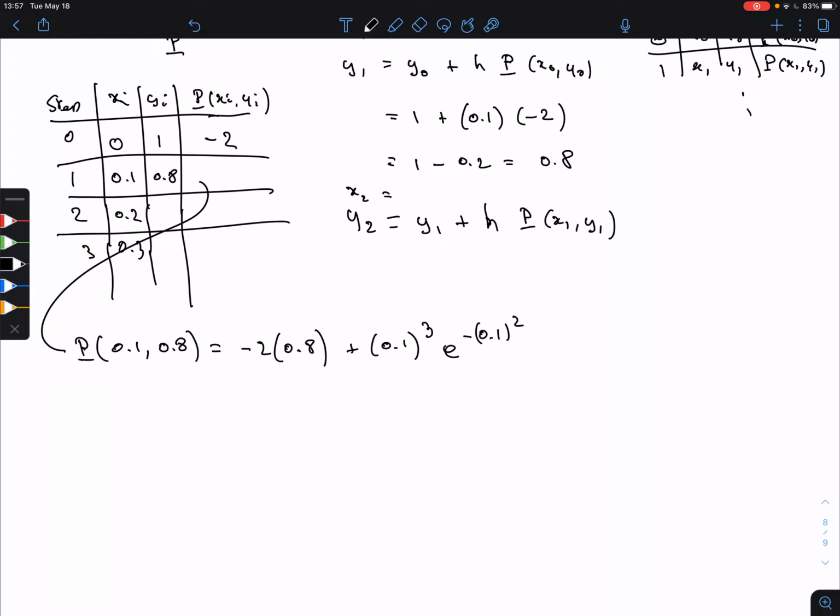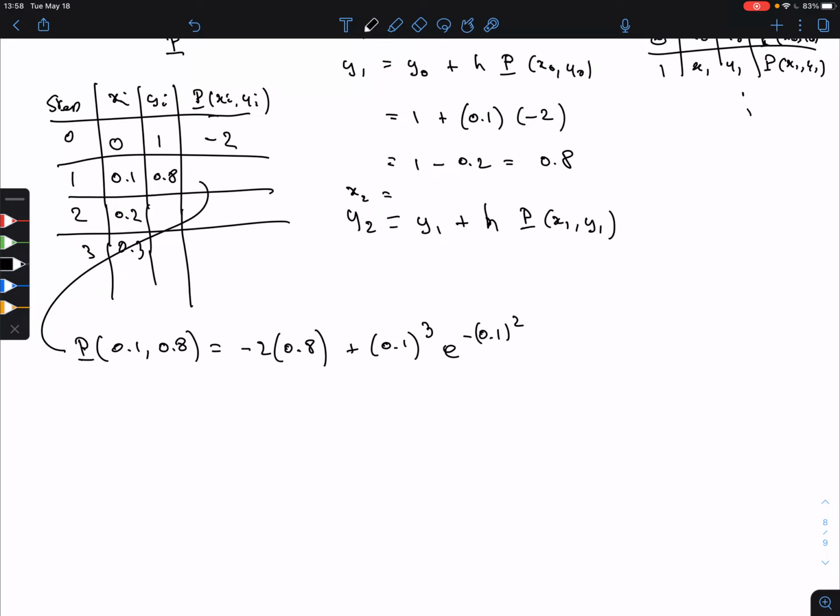Because I wrote it down here. Sorry guys, I'm going to have to do this here, otherwise this is going to take forever if I have to do this on a tiny calculator like that.